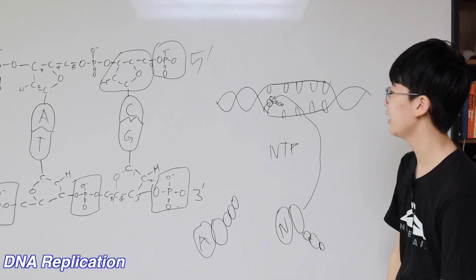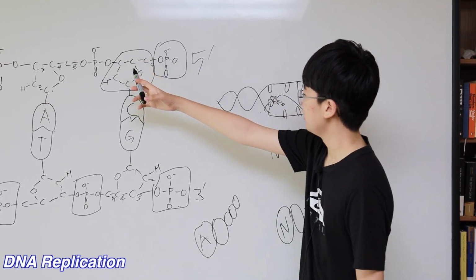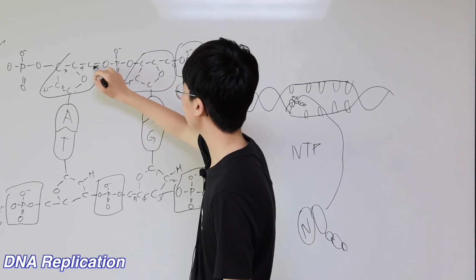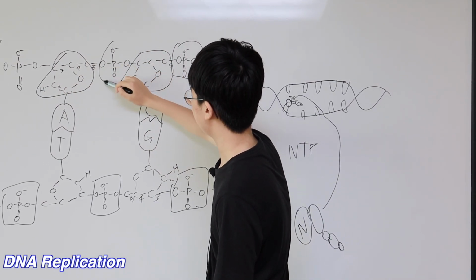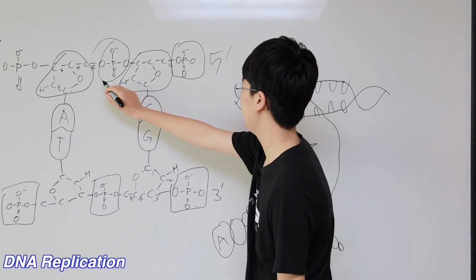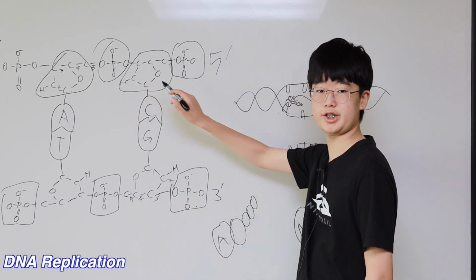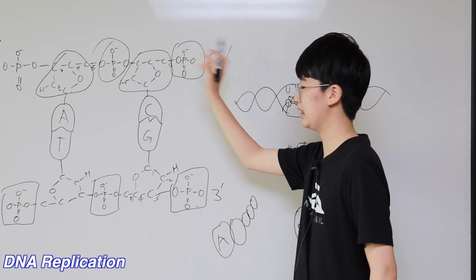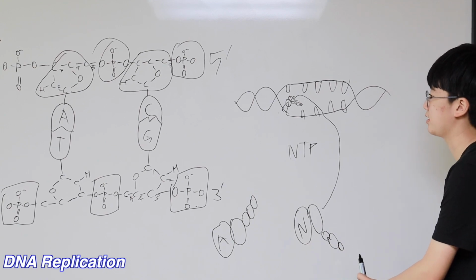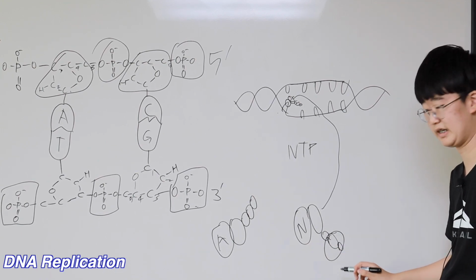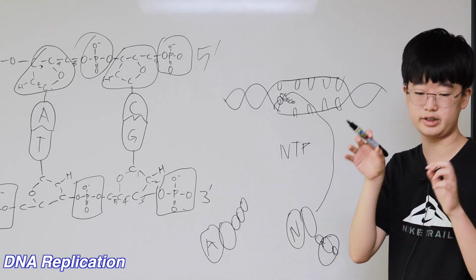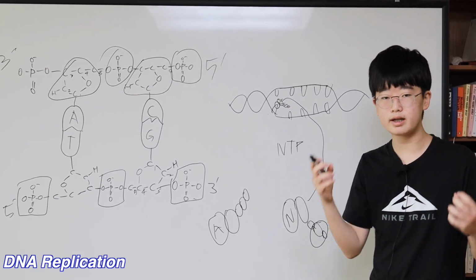right next to it. And if you see here, DNA looks like this: there's the deoxyribose, and then there's the phosphate. And then another deoxyribose comes in right next to the phosphate. But over here there are 3 phosphates, so you gotta get rid of the 2 phosphates at the end. But phosphates very close to each other don't really like each other.